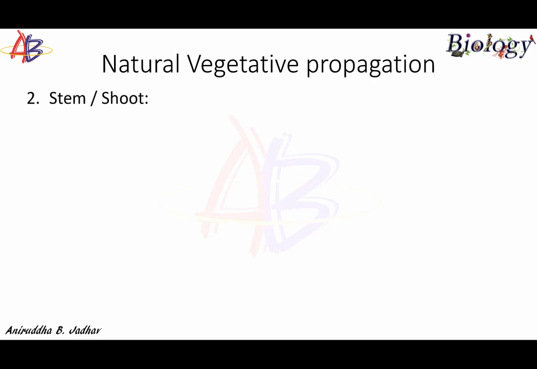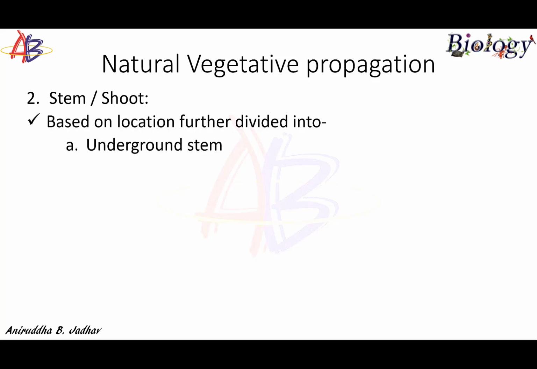Next, stem part or shoot part. Based on the location of the stem part at which the propagule is forming, there are four types: underground stem, subaerial stem, aerial stem, and bulbils.